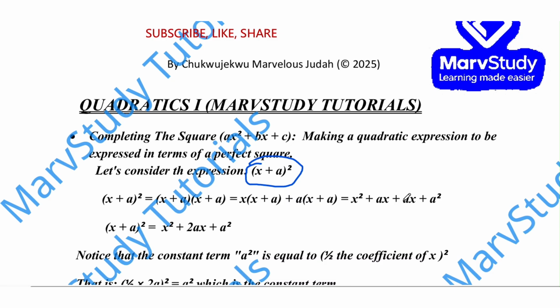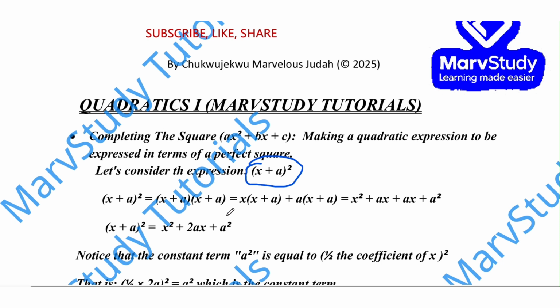So what do we notice, and how does this help us express the expression in terms of a perfect square? We look at the terms. One term bears x squared, then we have 2ax, and then we have a squared.